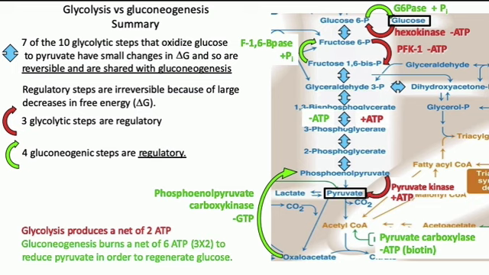Now I would like to look just a little bit at regulation. To be clear, if you're going to activate glycolysis, you will inhibit gluconeogenesis. If you're going to activate gluconeogenesis, you're going to inhibit glycolysis, because if you are running both cycles at the same time, you're going to be burning and burning and burning ATP, making a bunch of heat, but you won't be getting any ATP.